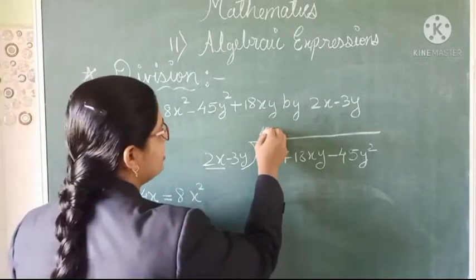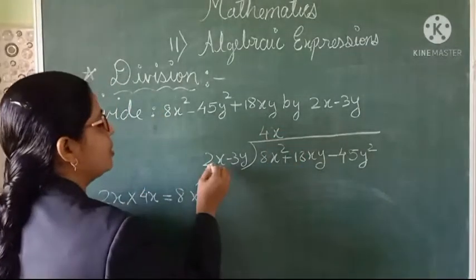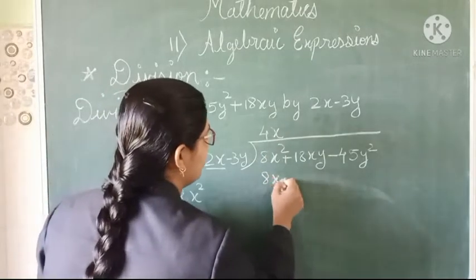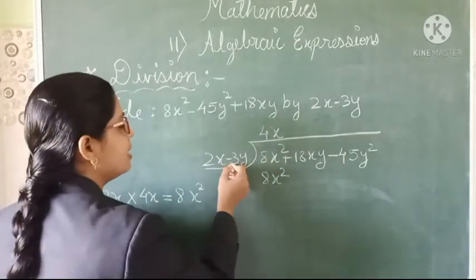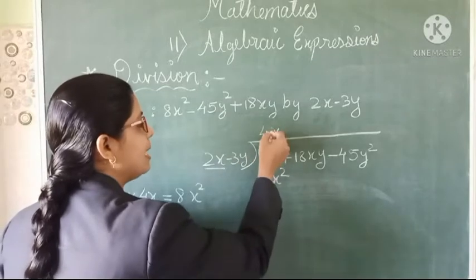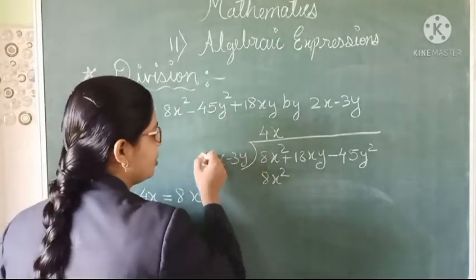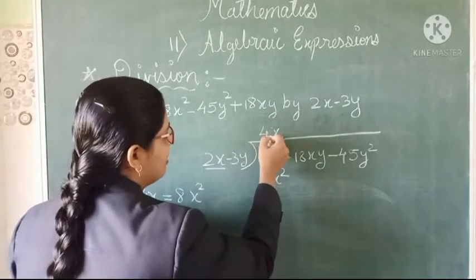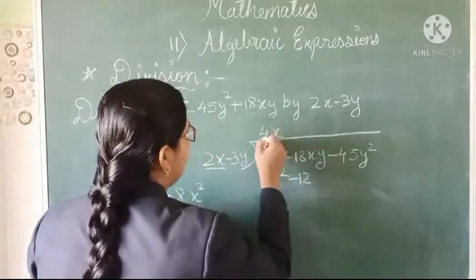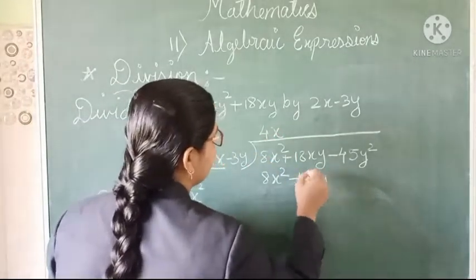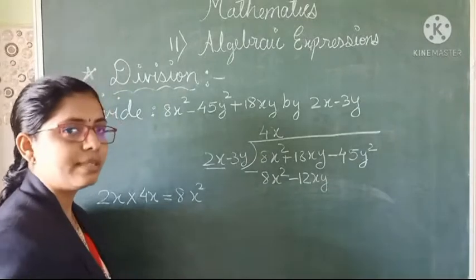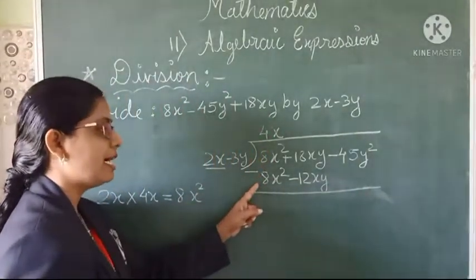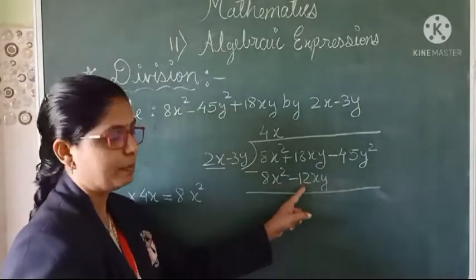So what I will write here? 4x. Now multiply this term, 2x into 4x, it is 8x square. Now here negative 3y multiplied by this term, the whole thing you have to multiply with 4x. So negative 3 multiplied by 4 is negative 12, and x and y will be there. Now here it will be getting subtracted. When we are doing the subtraction, we know that the signs of each term will change.